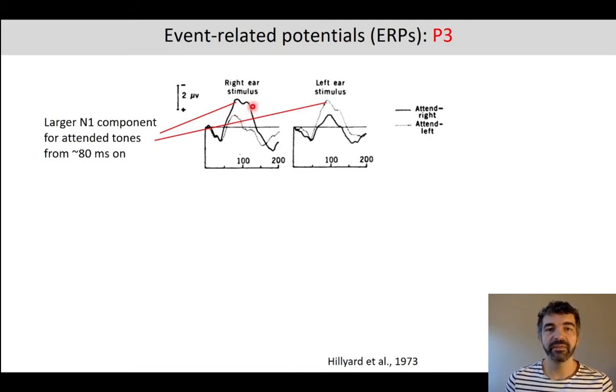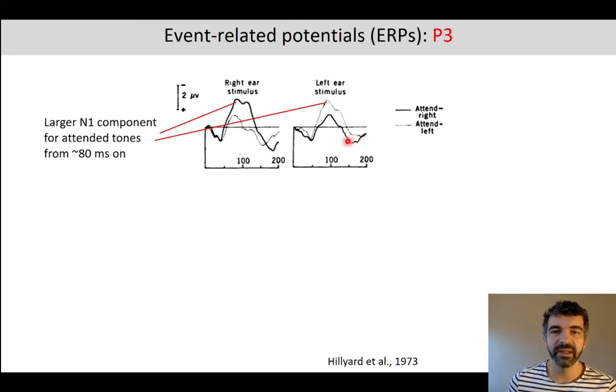So if they attend an ear and there is a stimulus, then you can see there's a higher amplitude compared to here. This is not just targets, this is just all stimuli altogether. And here you can see the opposite.